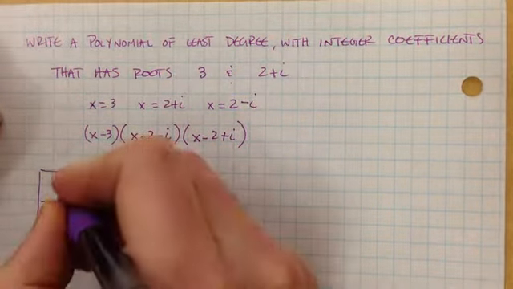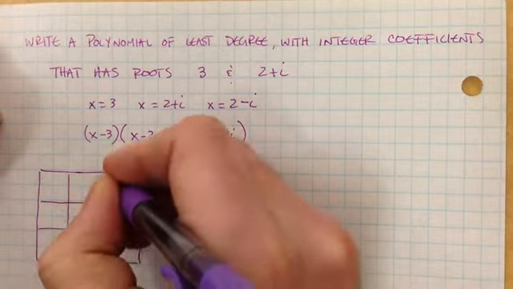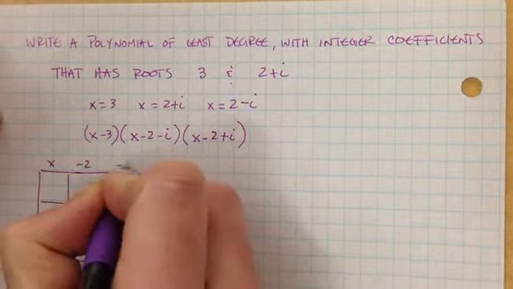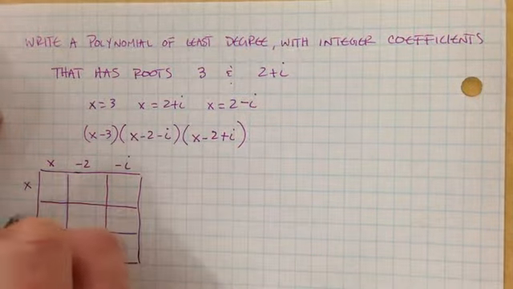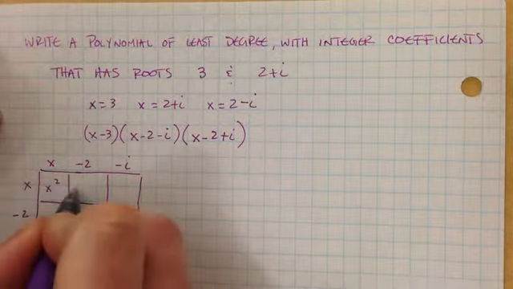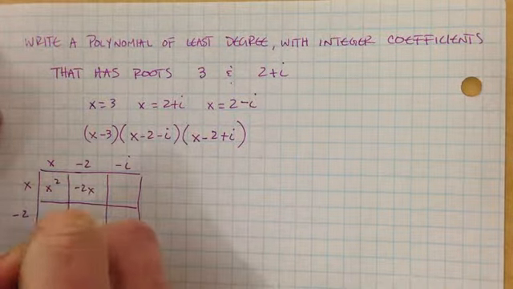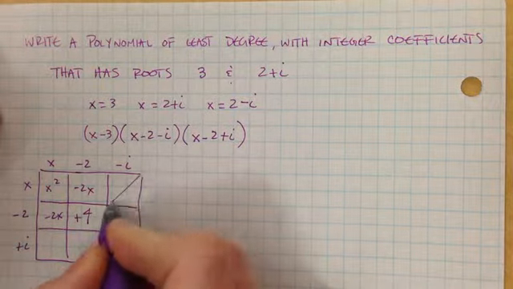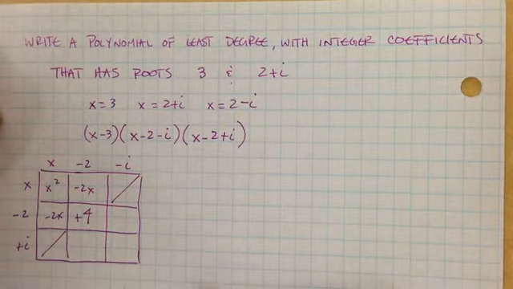You definitely can distribute to get this done. It will be x minus 2 minus I times x minus 2 plus I. We just did this previously, so x squared, negative 2x, negative 2x, positive 4. That will cancel. The negative ix will cancel with the positive ix.